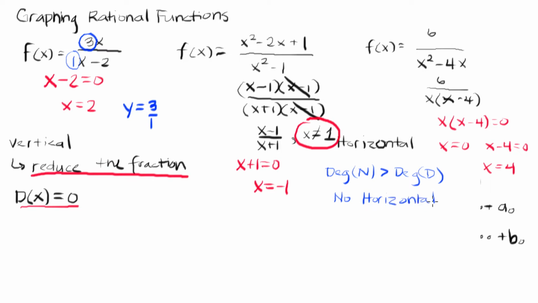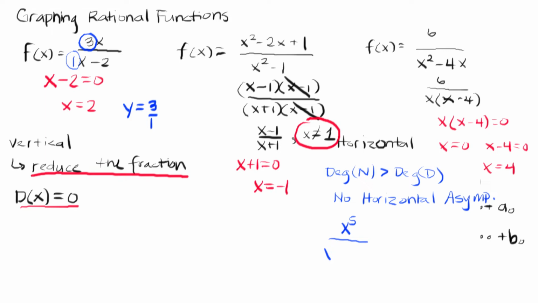Now in the problems above, none of them had the degree on the top bigger than the degree on the bottom. So let's say the degree of the top was 5. If you had something like x to the power of 5 over something on the bottom, say x to the power of 3 minus 2, this has no horizontal asymptotes. Okay, so that's the second rule you need to remember.